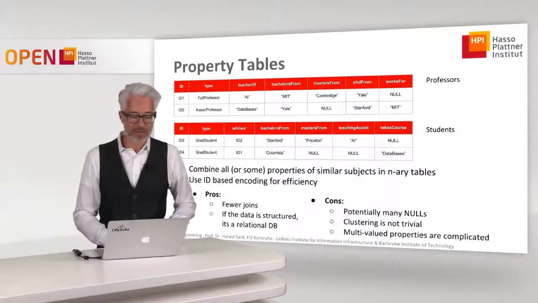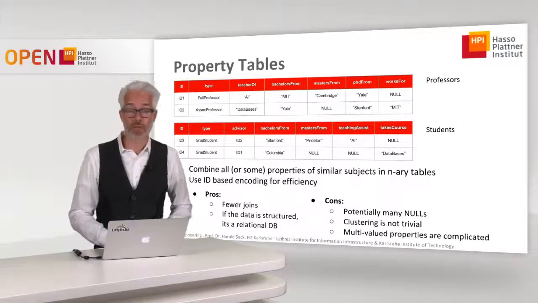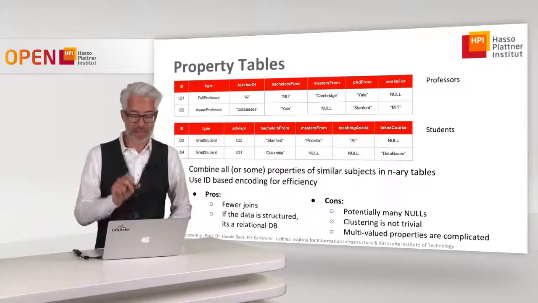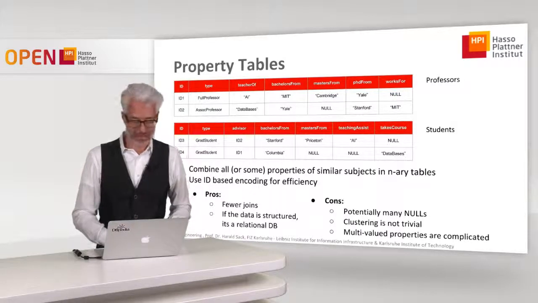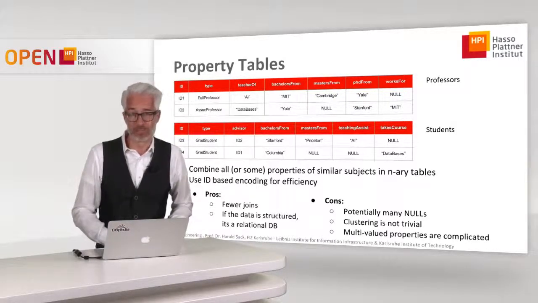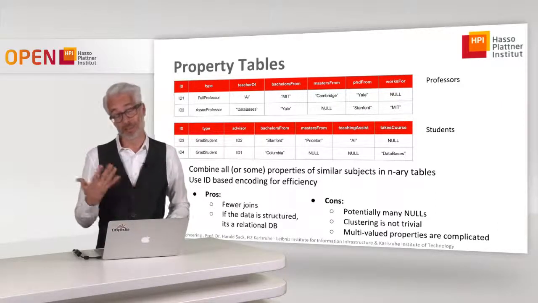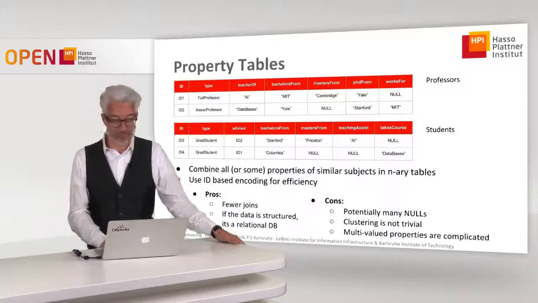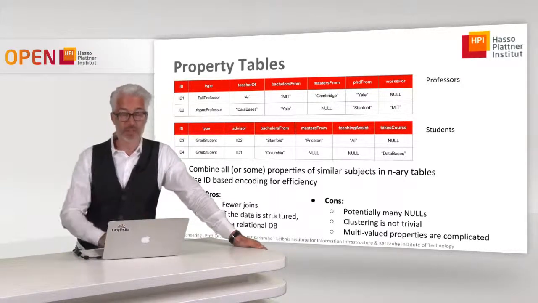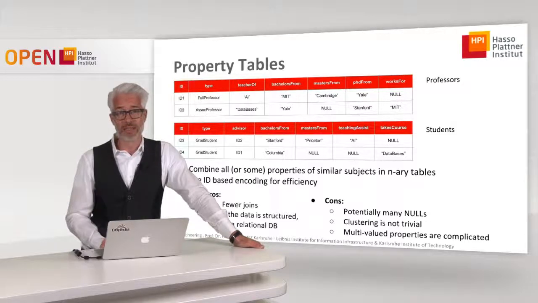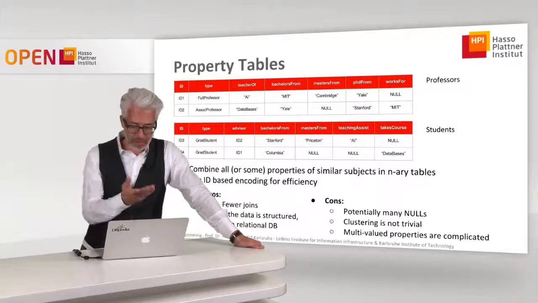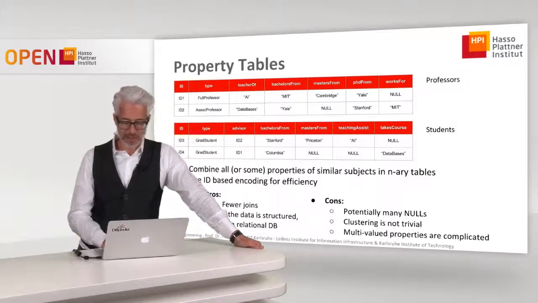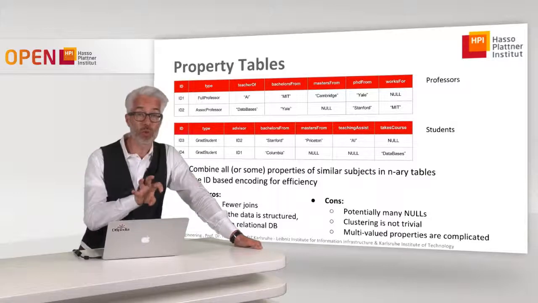If this professor would also teach semantic web classes, we should put both in this field. And this, of course, is a bit difficult, because you would violate the first rule of relational databases: each entry should be atomic. And if you put two in there, it's not atomic anymore. So this is a problem to represent multi-valued properties in exactly this way with property tables.